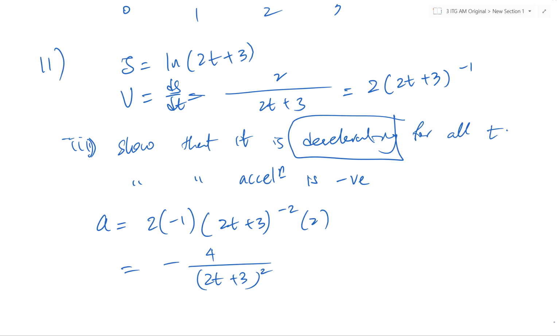It will never be negative. So positive divided by positive. Of course, we are going to disregard the denominator equal to 0 because you can't divide by 0. Anyway, for the denominator to be 0, time has to be negative, which is not possible also. So we can safely conclude that the denominator is positive. Positive divided by positive is positive. Negative times positive is negative. So this is less than 0 for all t. Finished. Shown.